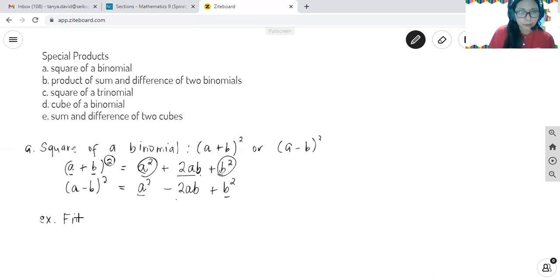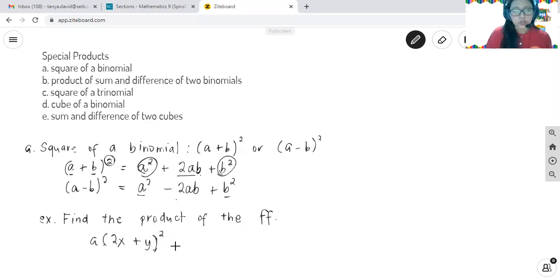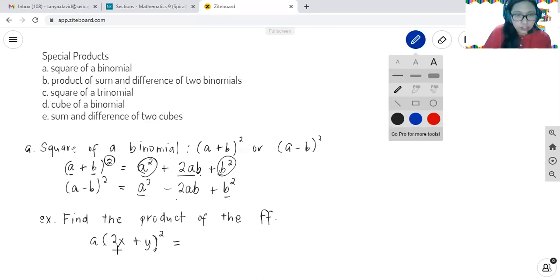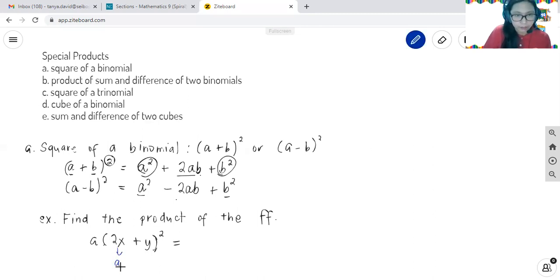Let's find the product of the following. So let's start with 2x plus y squared. With this, if you follow the pattern, we will have the square of the first. Just to make it easy for you, the first term would be our a, and the second term will be our b.